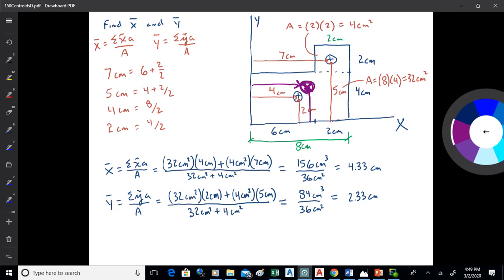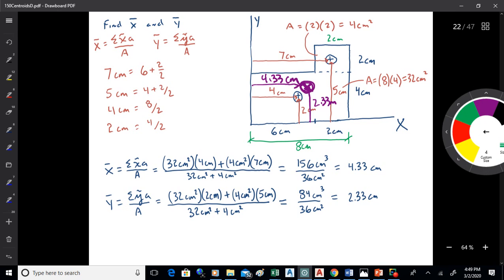Can you go over where you got all your numbers? Okay, I'm getting the areas. The area for the upper corner is 4, and the big rectangle down on the lower left is 32. Yeah, got that. And then you did 32 times 4, which is the top side of that centroid. The 4 is from the y-axis to the centroid of the 32.